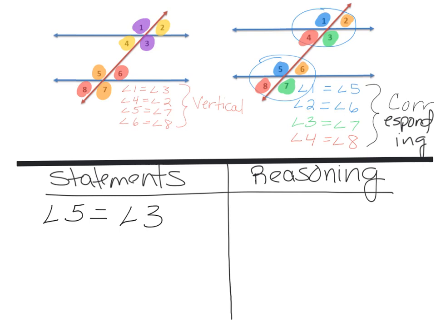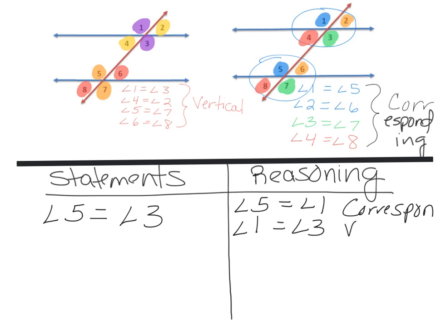Our reason is that angle 5 is equal to angle 1 because they're corresponding. And then we also know that angle 1 equals angle 3 because of vertical angles. So therefore, angle 5 is equal to angle 3.